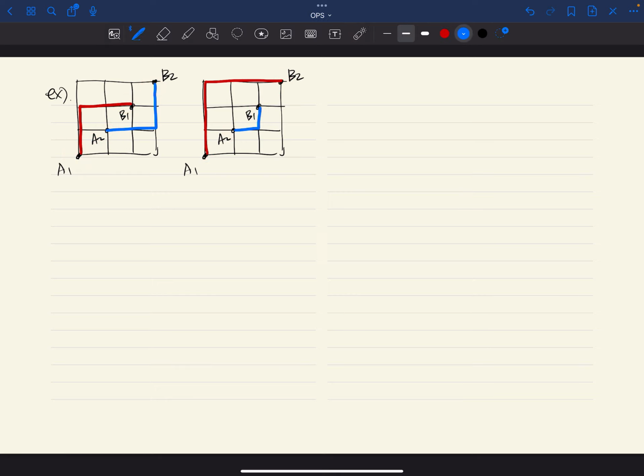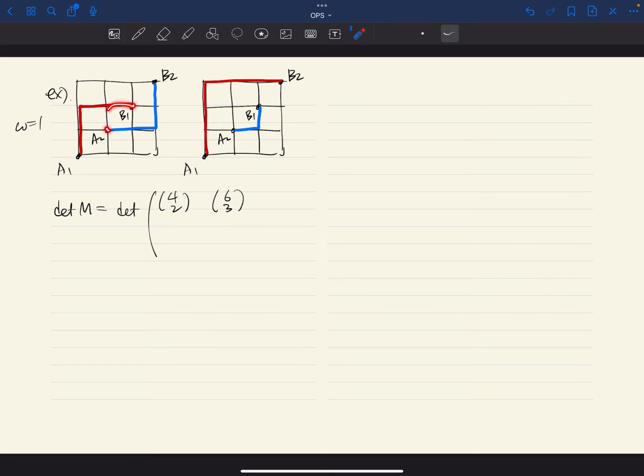But let's compute the matrix M. What is the matrix M in this case? The determinant. The weight is always 1. The entry for A1 to B1 is the number of paths, which is 4 choose 2. For 1, 2, it's 6 choose 3.